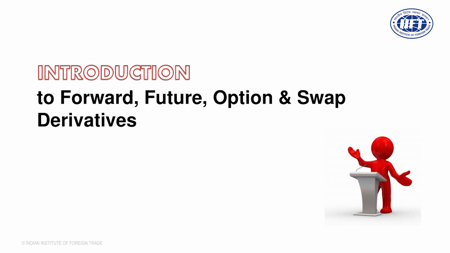To use these derivatives, as I have told you, you have to go to the bank or to currency exchange houses, because futures and options are available with the bank as well as on currency exchanges.